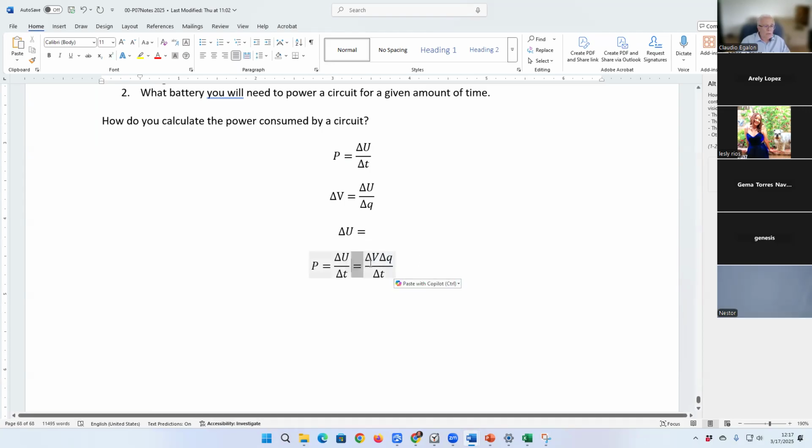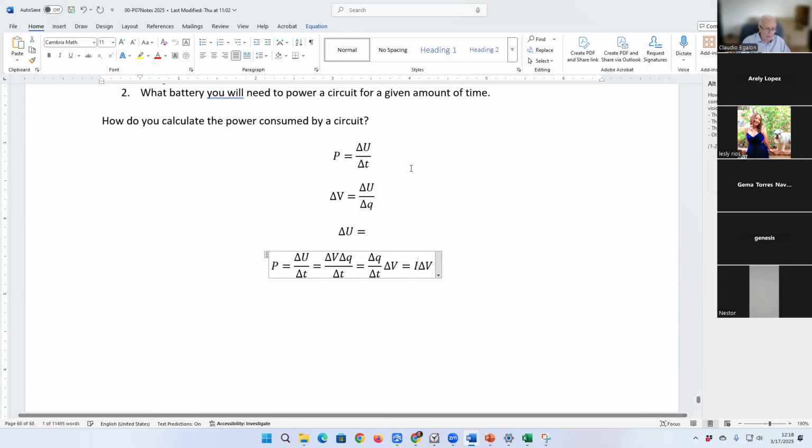We note that now we have delta Q over delta T, right? And delta Q over delta T is what? It is the current in the circuit. It's a rather straightforward way of deriving the power, okay?